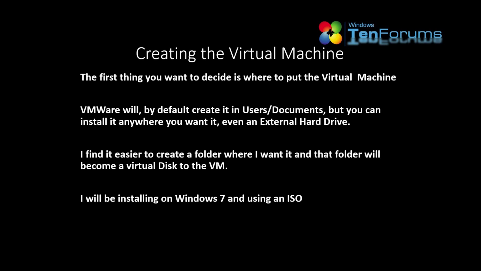Once we have the player installed, the next thing we need to consider is where we want to put the virtual machine. VMware will, by default, create it in your Documents folder, but you can install it anywhere you want, even in an external hard drive. I find it easier to create a folder where I want it, and that folder will become a hard drive to the virtual machine.